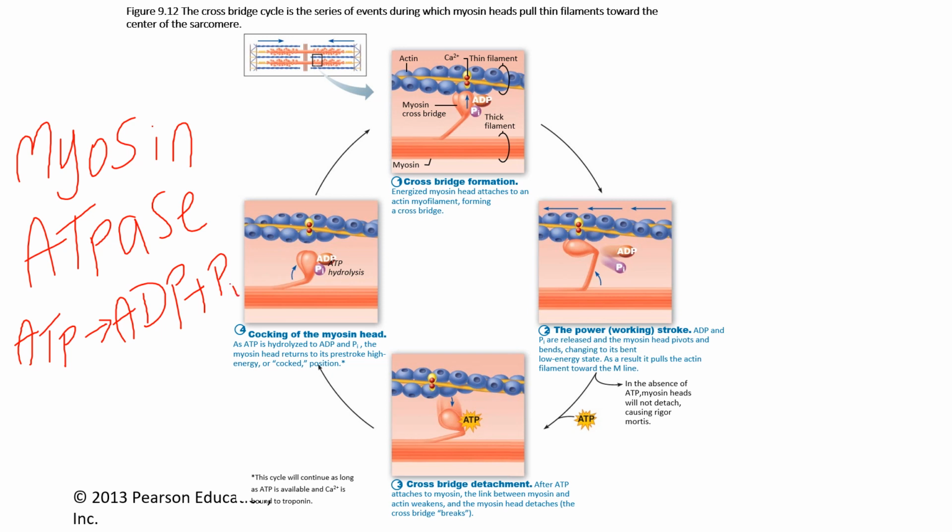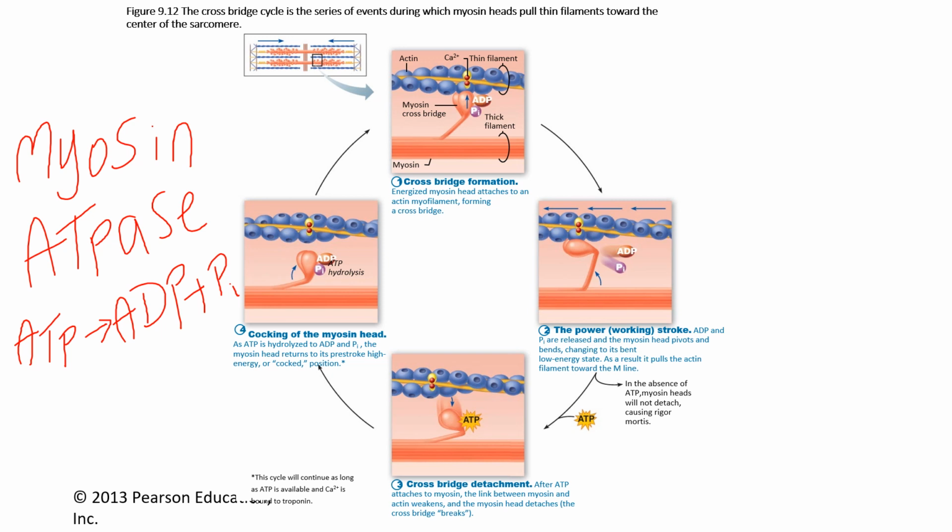ATP stands for adenosine triphosphate, so ATP has 3 phosphates bound together. Myosin ATPase is an enzyme that will help break down ATP into adenosine diphosphate, so 2 phosphates, and then a phosphate on its own. We refer to it as the inorganic phosphate.